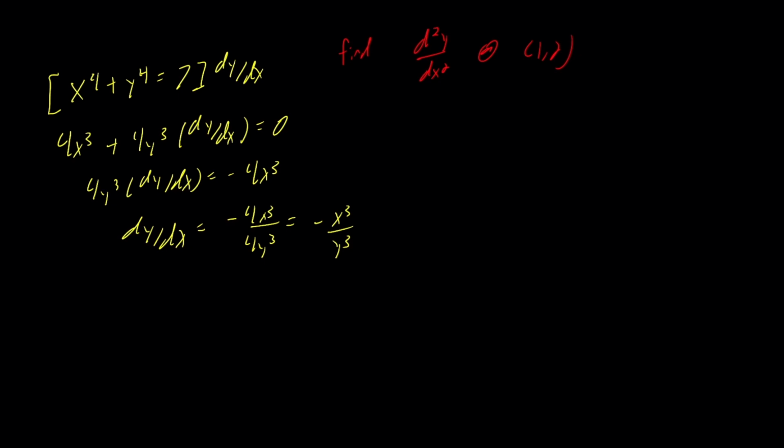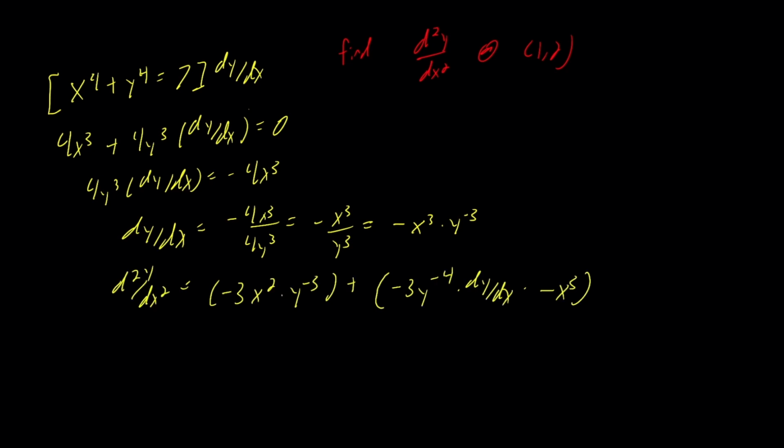I usually don't leave my answers as fractions, especially when I have to solve for the second derivative. I just write it as negative x cubed times y to the negative third power. This helps me because most students are more familiar with the product rule than the quotient rule. In this step, we can apply the product rule instead of the quotient rule to find the second derivative.